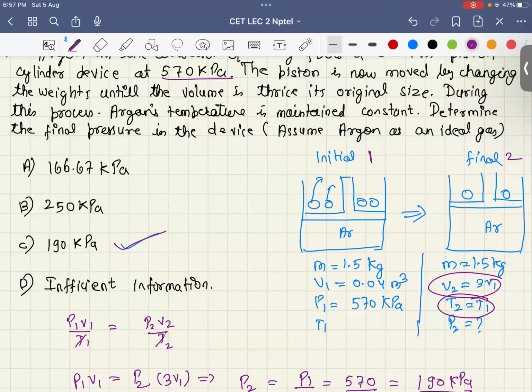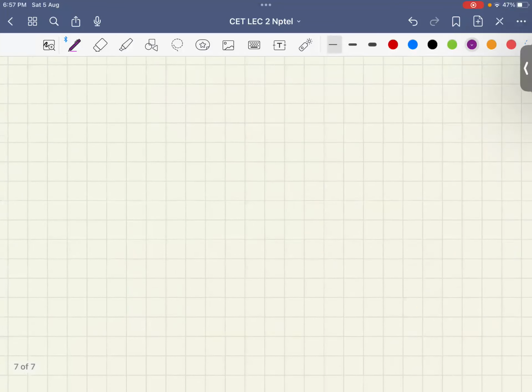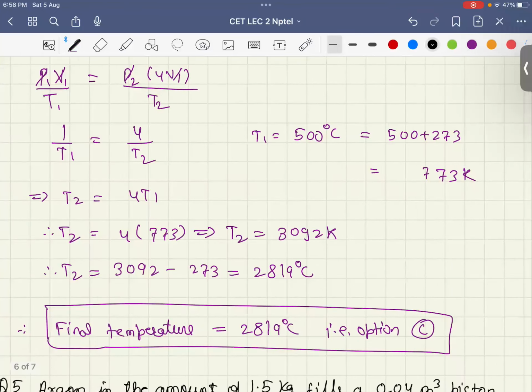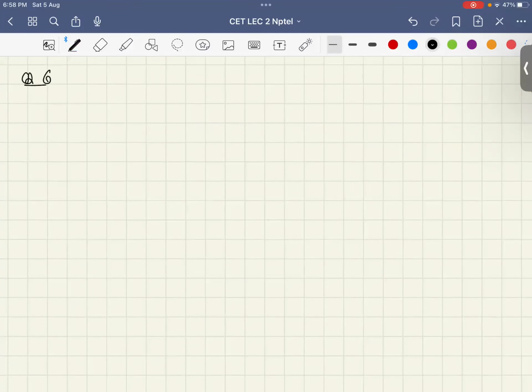It's a match the pair type of question related to the first question. So I'm going to give list 1 and list 2, and you have to match. For example, question number 6.